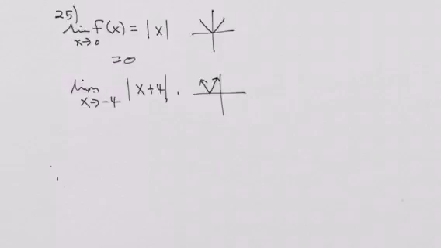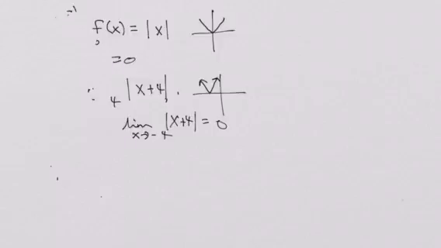And here, when we get infinitesimally close to negative 4, either from below or from above, it looks like the function is going to equal 0. And in fact, that is our limit. So that's one that can be done rather easily, I would say. Let's go to 26.